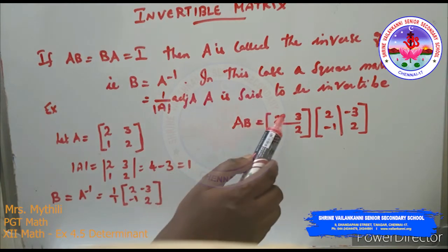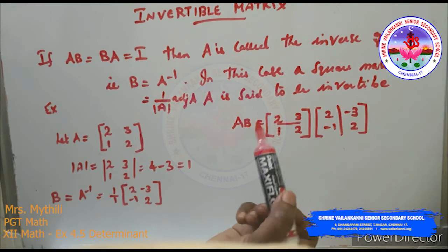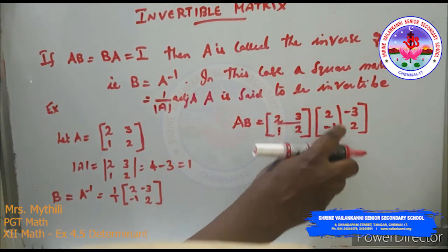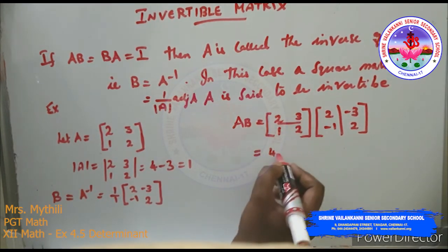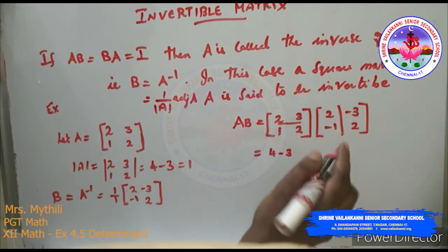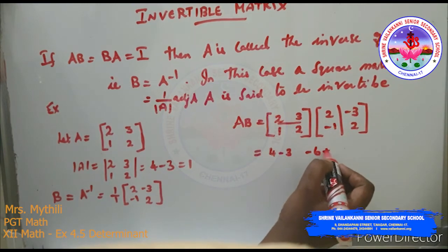So AB equals [2, 3; 1, 2] into [2, minus 3; minus 1, 2], which is the product of two matrices. First row into first column: 2 into 2 is 4, 3 into minus 1 is minus 3. Again, 2 into minus 3 is minus 6, plus 3 into 2 is 6.